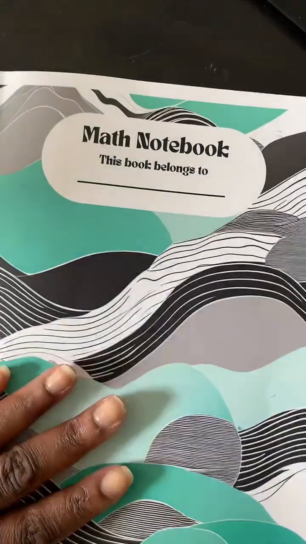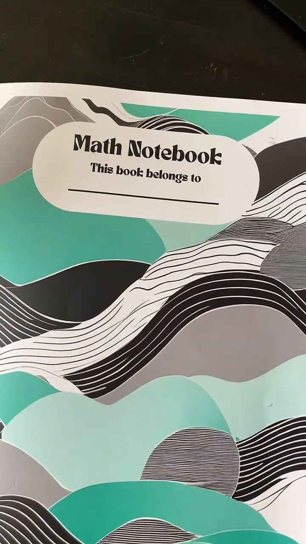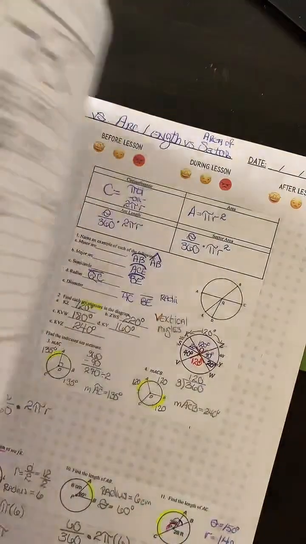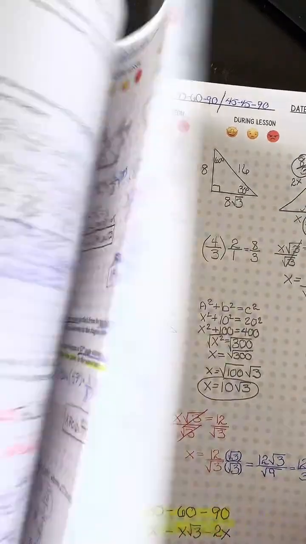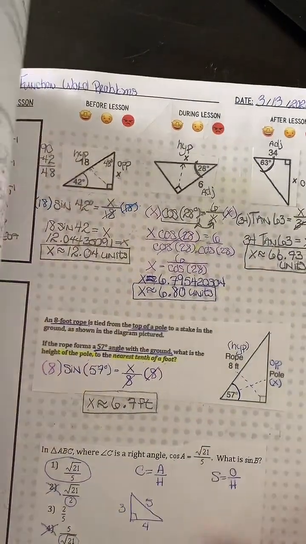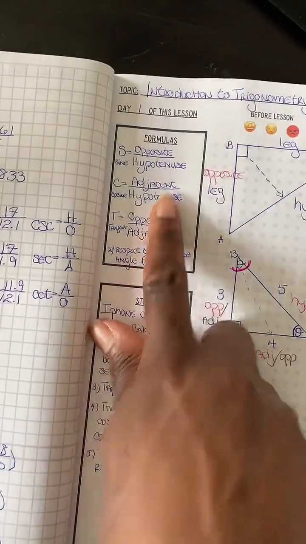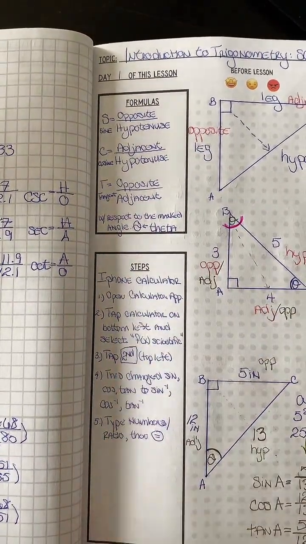So this is the math notebook that I actually designed. I have different covers and they're all on Amazon. You can draw your own graphs, or if you get pieces of paper, you could tape them into your book and write your notes to it. The one thing I really like is the formula section and also the step section.